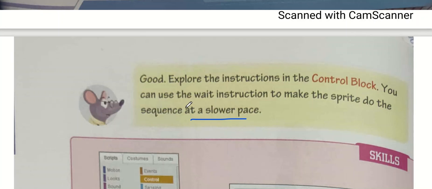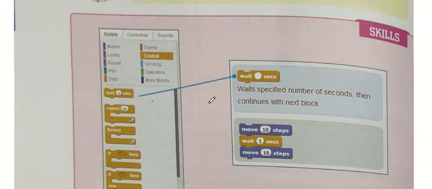So if you want your sprite to perform some action after a few seconds, in that case you can introduce this wait instruction in your script. In the wait instruction, the number inside the circle specifies the number of seconds that the sprite should wait.